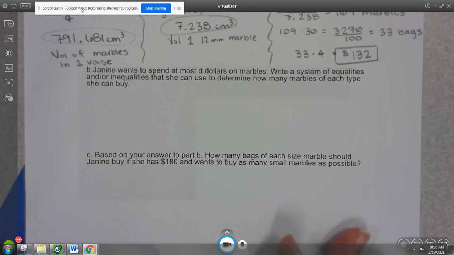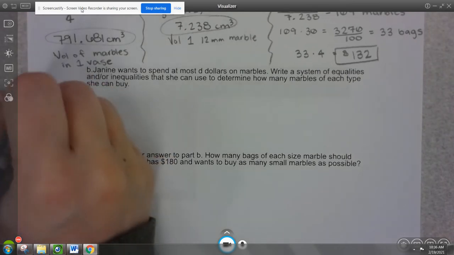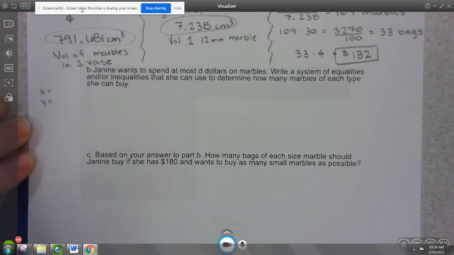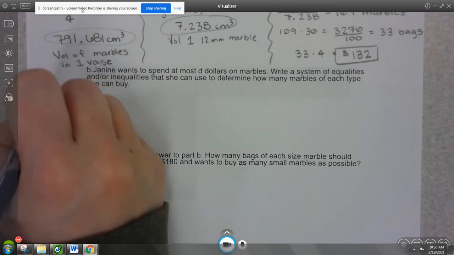Now the next one, we're going to write a system of equations to figure out how much money we would be spending if we're going to do a combination of these. So the first thing I'm going to do is I'm going to do X and Y, and I'm going to determine what I'm going to have them represent.